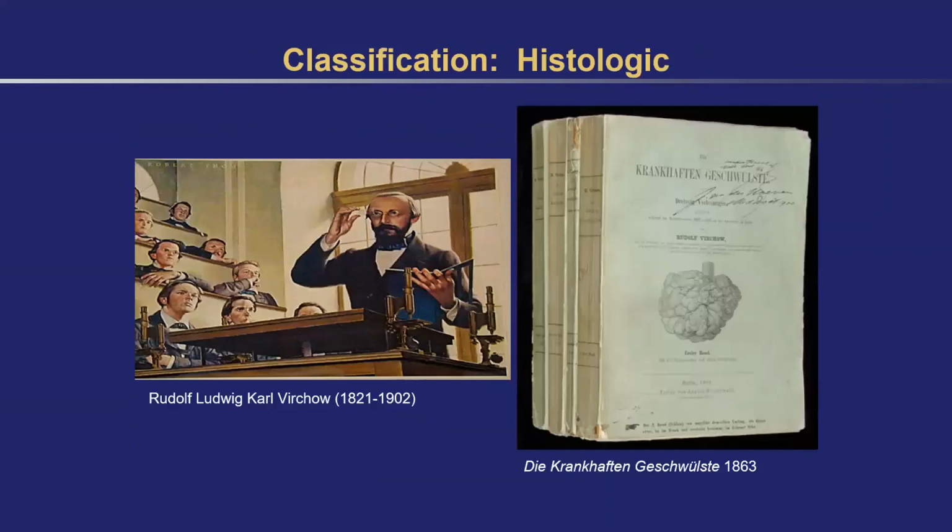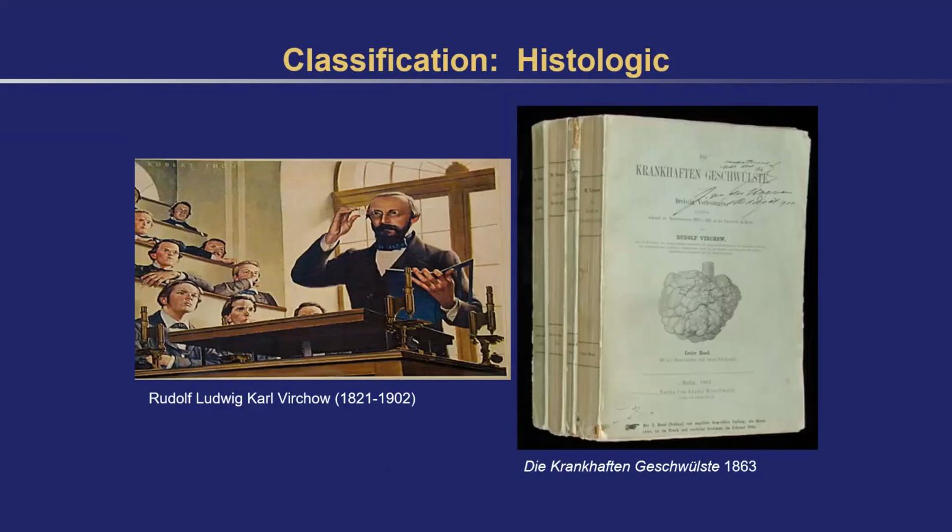And shown here is Rudolf Ludwig Virchow. Virchow is the scientist who, back in 1863, published this 4-volume treatise that describes the tumorous diseases. And he used the microscope to classify cancers. He classified cancers based on the organ of origin.